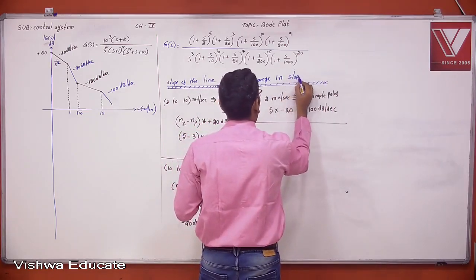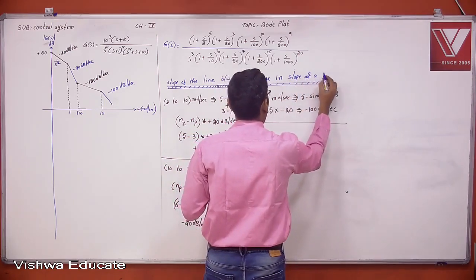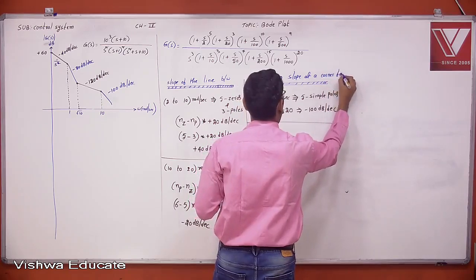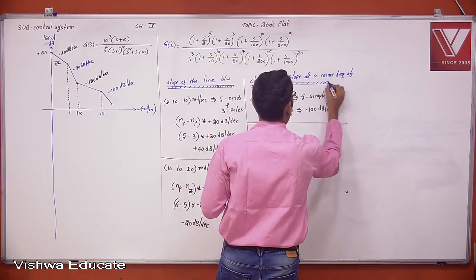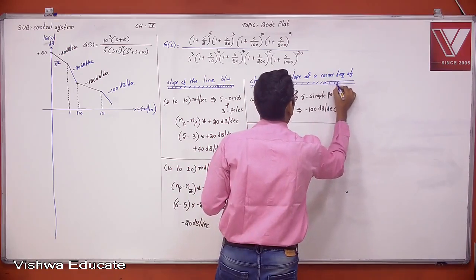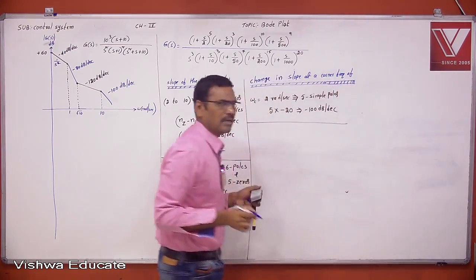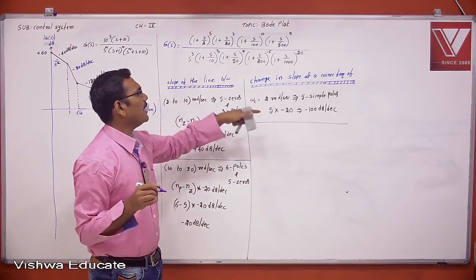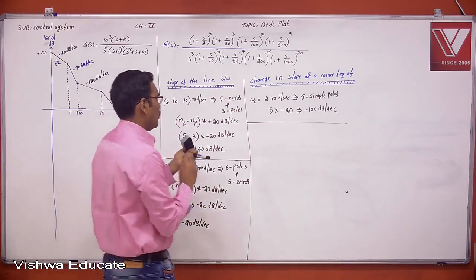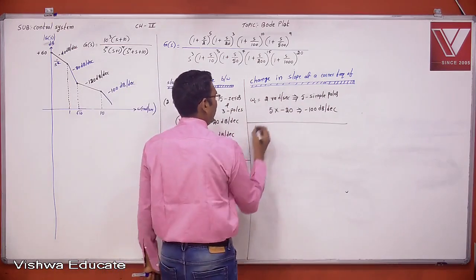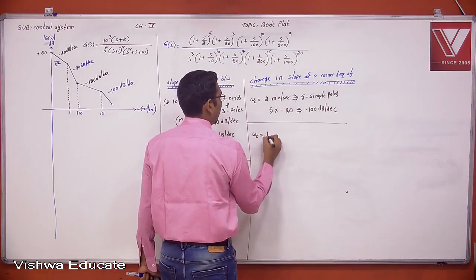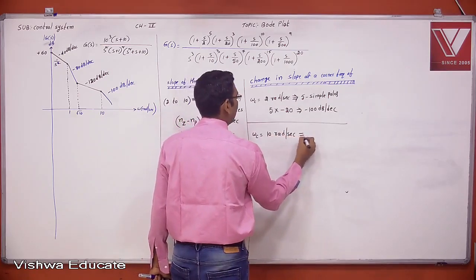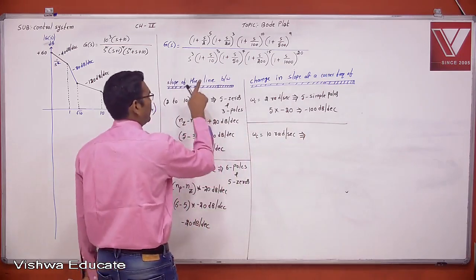Change in slope at any corner frequency is nothing but slope of number of simple poles or slope of number of simple zeros at that particular corner frequency. Now see the question. Change in slope at a corner frequency of 10 radians per second means go to 10 radians per second and find the slope at that particular corner frequency.